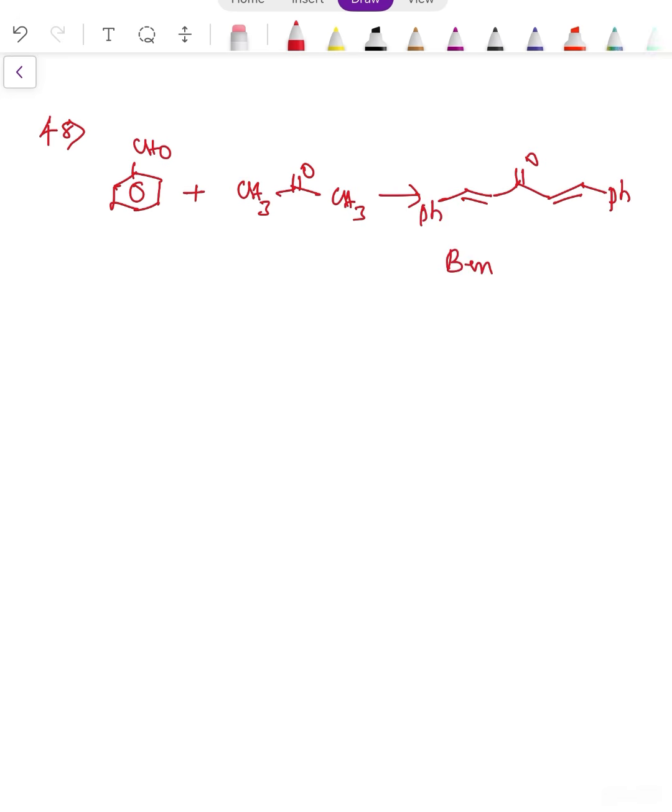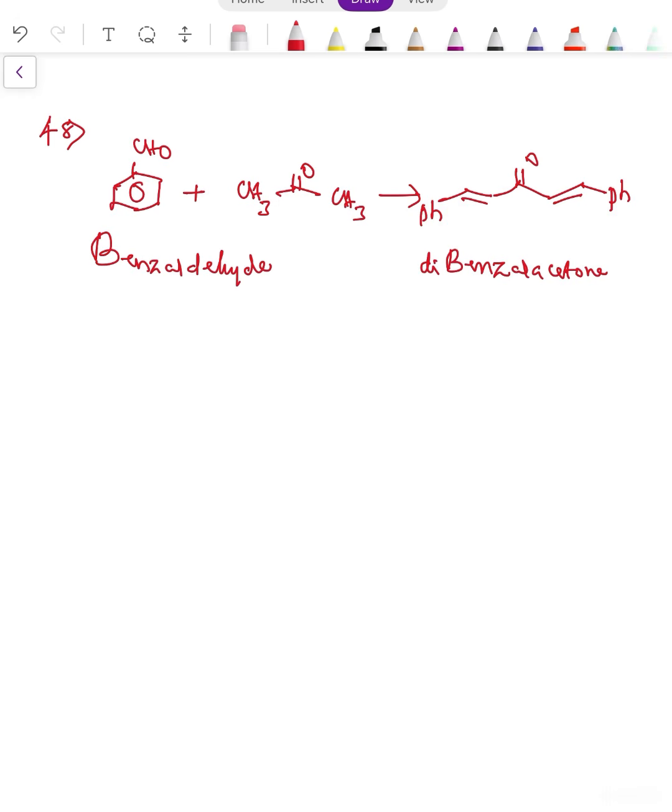This is 2 moles, no? So dibenzalacetone, whereas this is benzaldehyde. So this is the Claisen-Schmidt reaction.